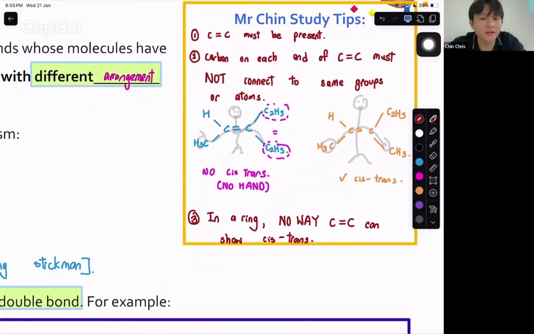Okay, so guys, please write down in a ring, there is no way a C double bond C can show cis trans. Okay, please write down.